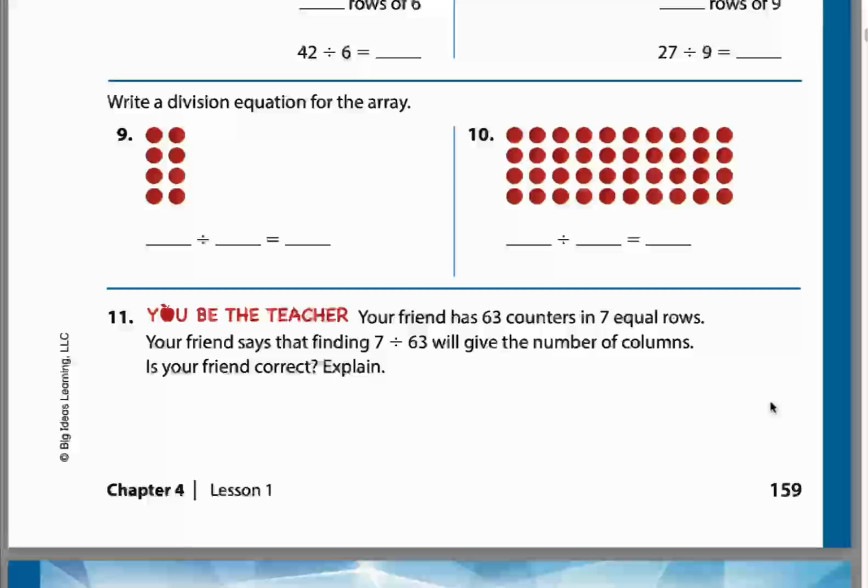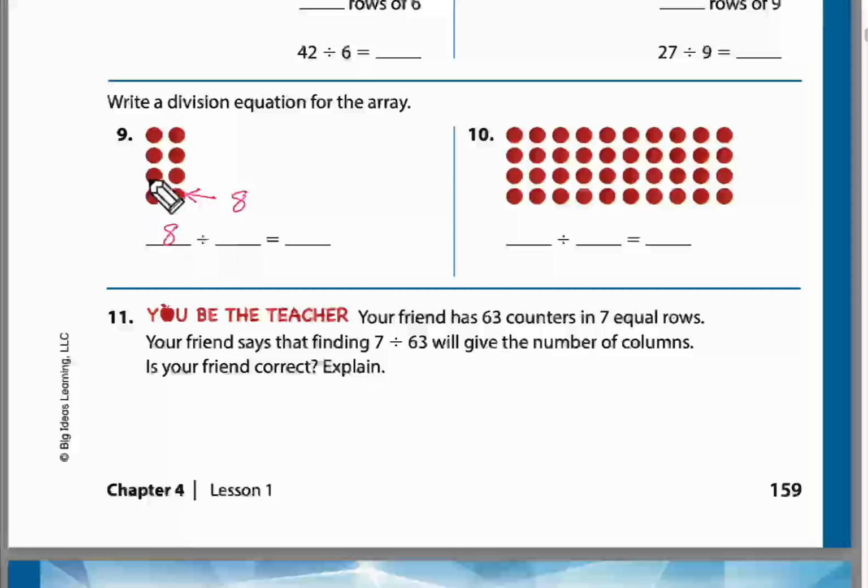Yes, teacher. Okay, Ali, as you see here, we have this array, and we need to write the division equation. The total number is 8. So we have 8 in all. So we write 8 as the dividend. Divided by 2.